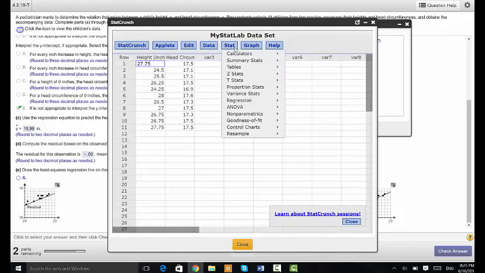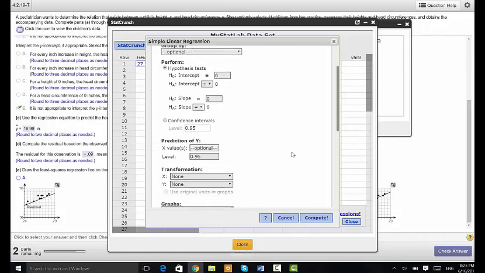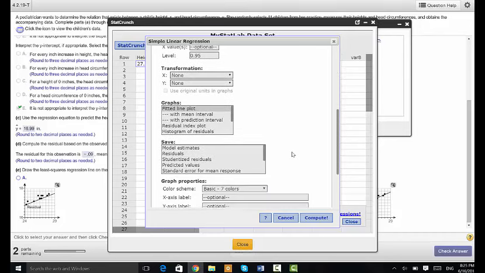You can do Stat, Regression, Simple Linear, and x and y. Now, the thing you need to do is select fitted line plot. You can also select save residuals, because we need to use that next.